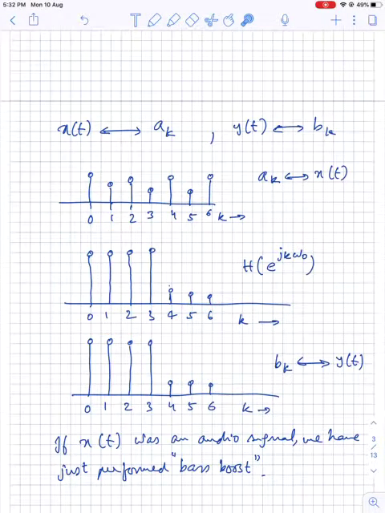If you give an input with a particular Fourier series spectrum to a system with a particular frequency response, passing it through this LTI system modifies the spectrum of the input according to the frequency response of the system, and you get the corresponding output. So you design your frequency response to give you the desired output.